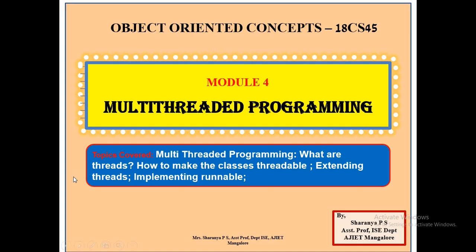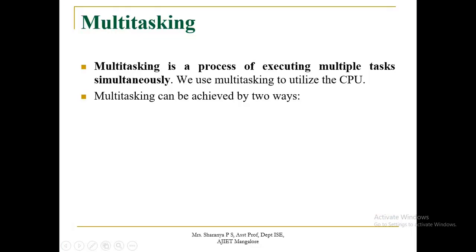First thing, what is meant by multitasking? Before understanding multithreading, let us first be clear about what is meant by multitasking. As we know, a task is nothing but some small work. Here, multitasking refers to a process of executing multiple tasks simultaneously.